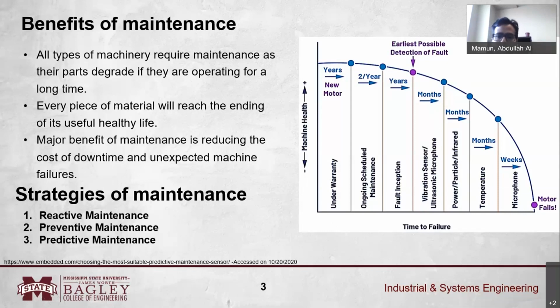In year two, we can see ongoing scheduled maintenance, and in the succeeding year, a fault inception. After a certain point, the fault starts in the machine, and in the later months we can use different types of sensors, like vibration or ultrasonic microphone sensors, to detect the faults and so forth. So this is the idea about how to possibly detect a fault of a rotary machine.